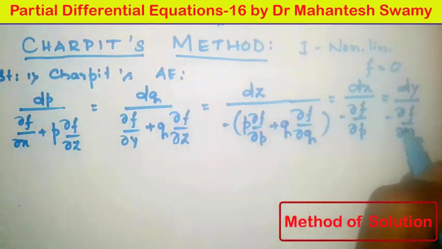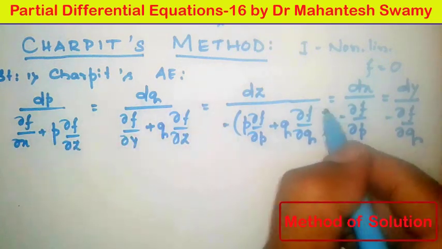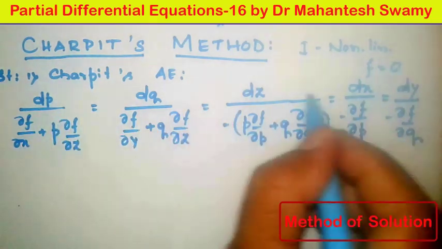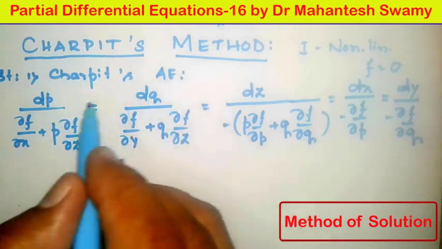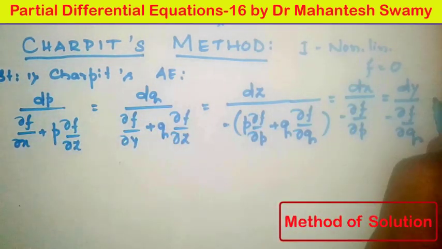So these are the ratios we have equated, and these are the simultaneous equations, and these are called Charpit's auxiliary equations, and each member can be equal to a common constant k that we can consider for our convenience.